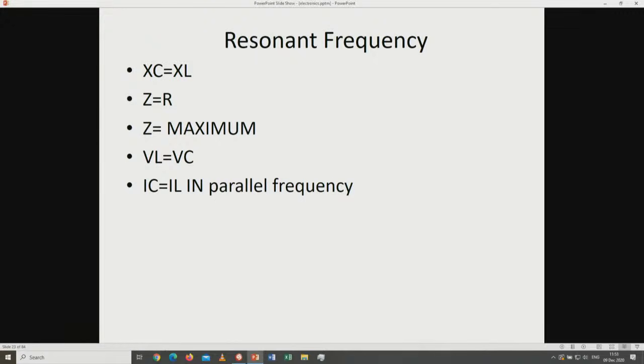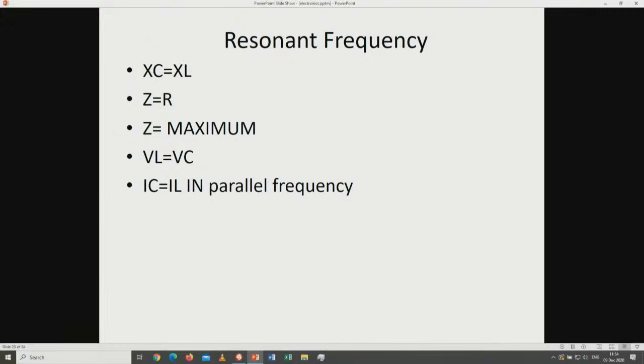Before we go to our switching circuits, let us quickly do maybe 2 or 3 problems under this RLC. Here's the question paper that will guide us.